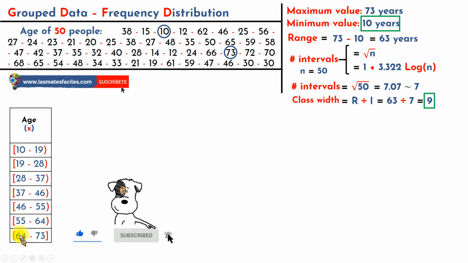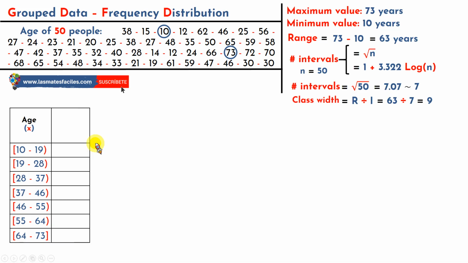The last interval must include the maximum value. The maximum value is 73 years old, and that is where we finish. Here we must count the data for 73 years old, and that's why we use a bracket at the end. Remember, when it has a bracket, it means that value is included. When it has parentheses, it's open, meaning that I don't include it.